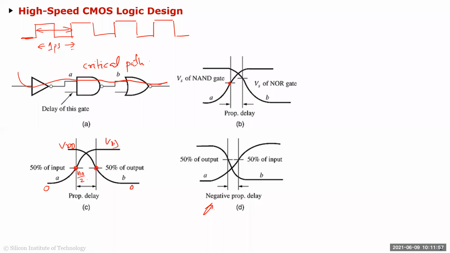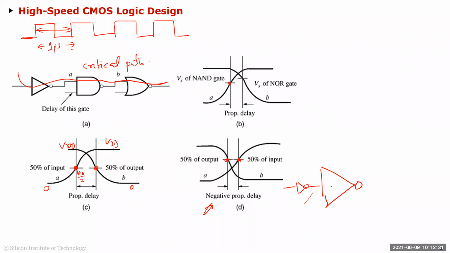And essentially you're saying that from the point where the input crosses VDD/2 to the point where the output is crossing VDD/2, that's my propagation delay. But sometimes it could be negative, in the sense that before your input reaches VDD/2, your output has actually crossed VDD/2. And that's possible because let's say you have a big driver like this inverter, and you have a tiny inverter driving this, then this input is very slow.